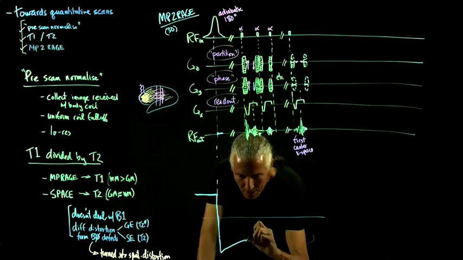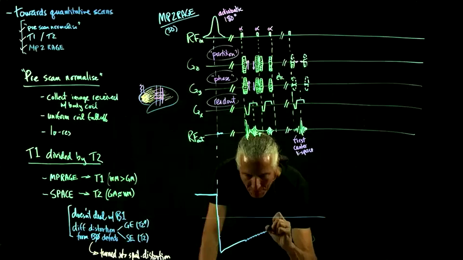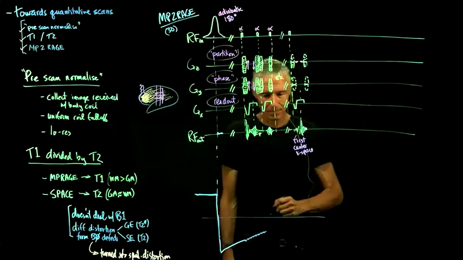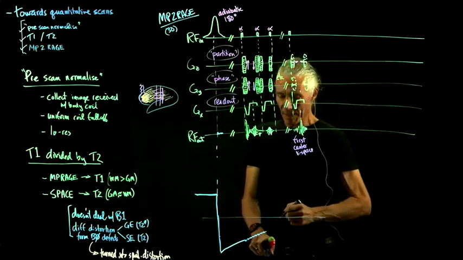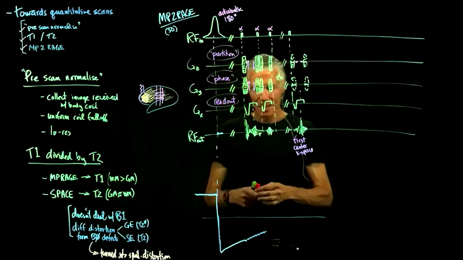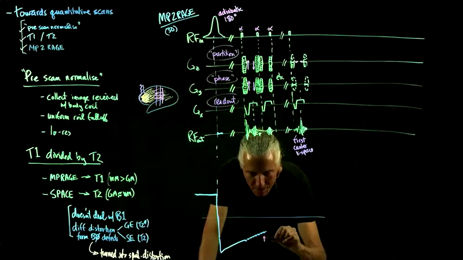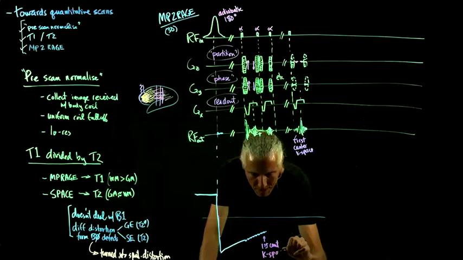So here's those alpha pulses, and there's about 100 of them. I only drew a couple there. And this is the first center of k-space, well before we've gotten up to 0.